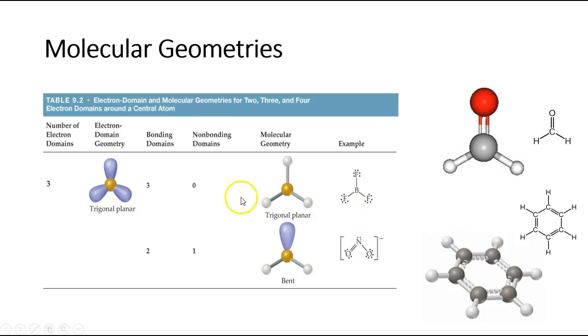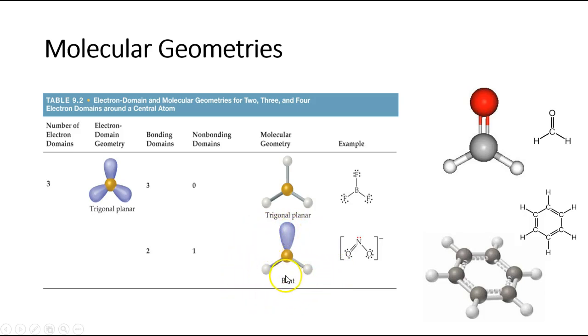If you have a trigonal planar electron geometry with no non-bonding domains, for example, BF3, sulfur trioxide, formaldehyde here, then you are going to have a trigonal planar shape. If you have a trigonal planar electron geometry with one non-bonding domain, for example, the nitrite anion that they're showing here, another example would be sulfur dioxide, then you would have what we would call a bent.